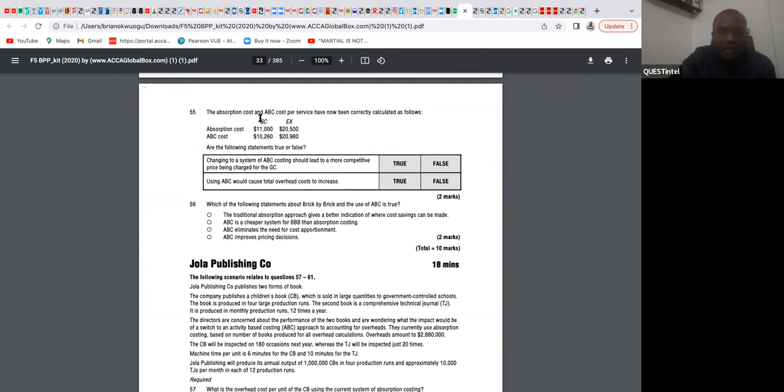The absorption costing and ABC cost per service have now been correctly calculated as follows. So they've given us this cost. Which of the following statements are true or false? And then which of the following statements about Brick by Brick and the use of ABC is true? Let's see if we can get this discussive part.